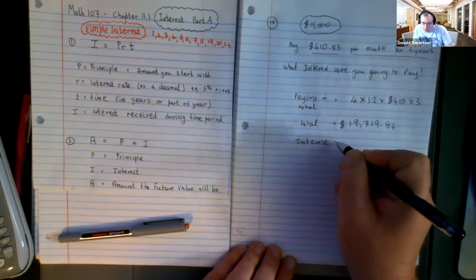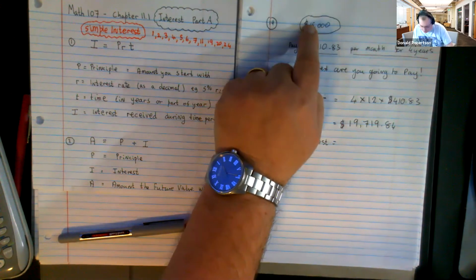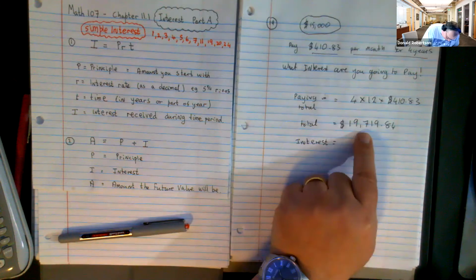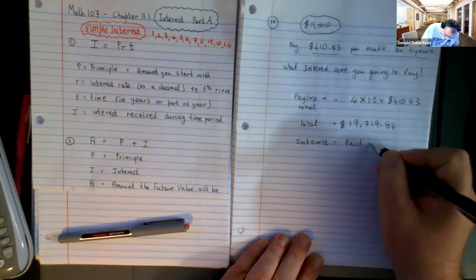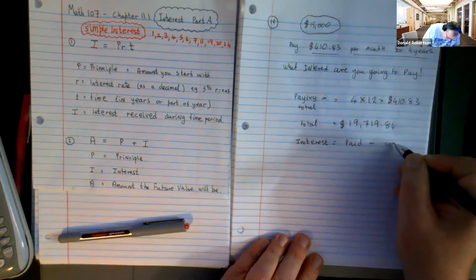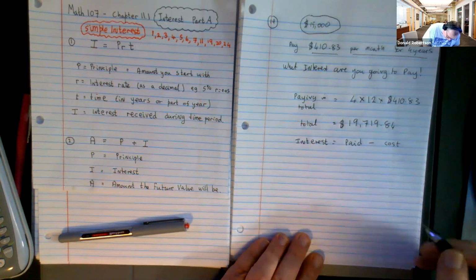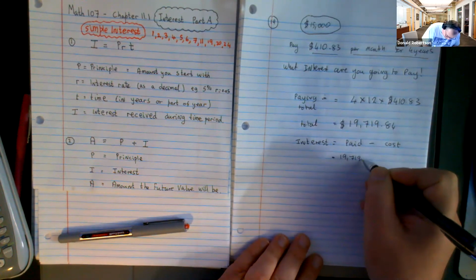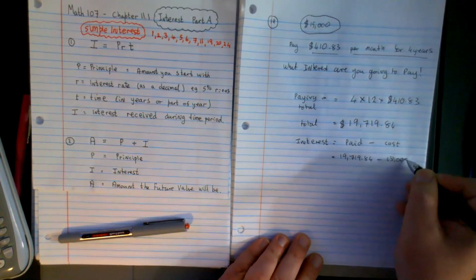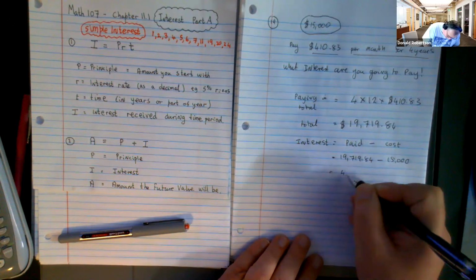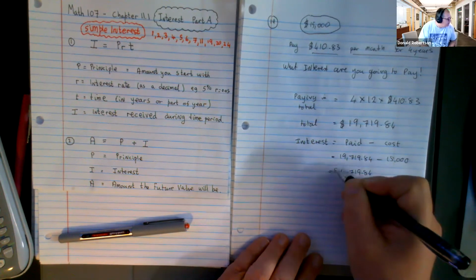The interest is the difference between what the car would have cost and what you paid for it, right? So the interest is what you paid, take away what it would cost. And so if I take 19,719 and 84, take away 15,000, we are left with 4,719 and 84 cents.